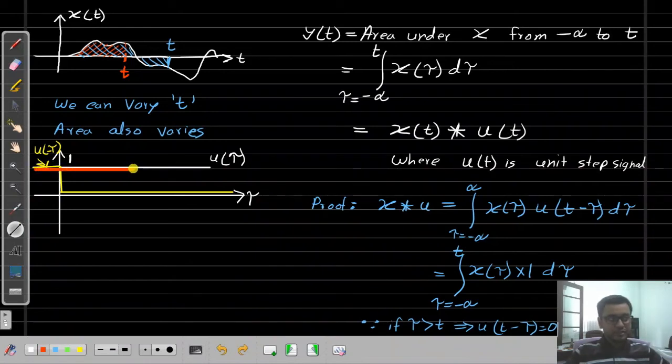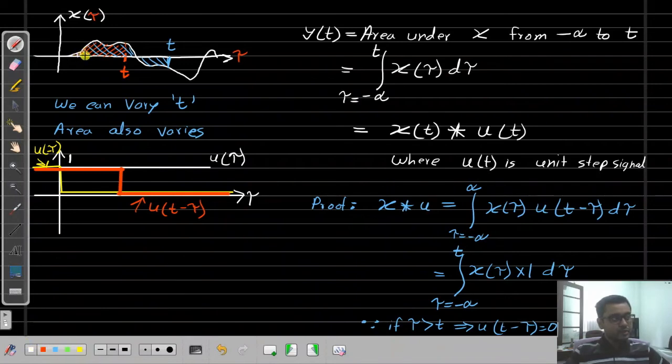You shift it up to some time t, so this is u(t minus tau). Then you multiply this signal with x(tau) maybe, and when you multiply these two, the result will be like this.